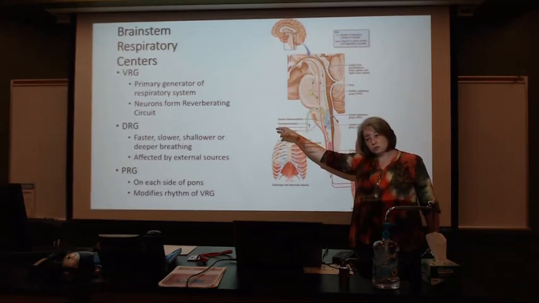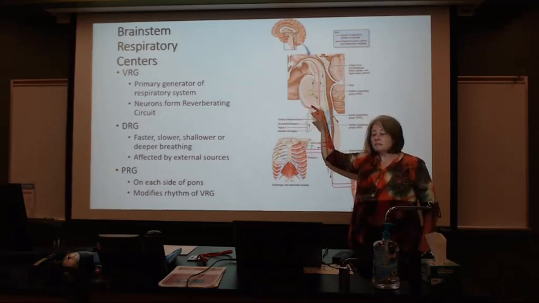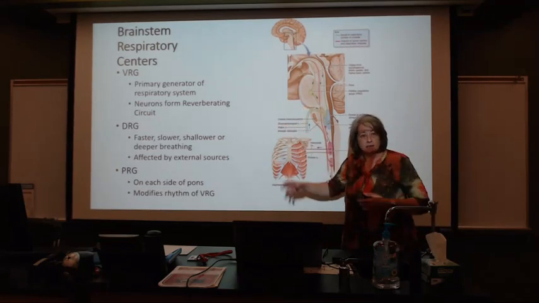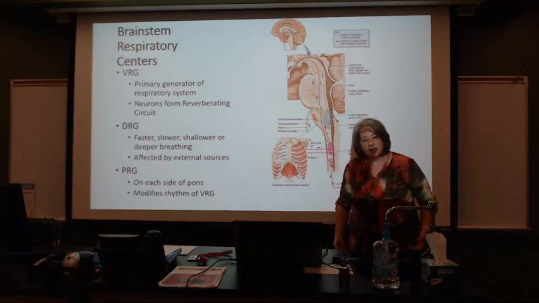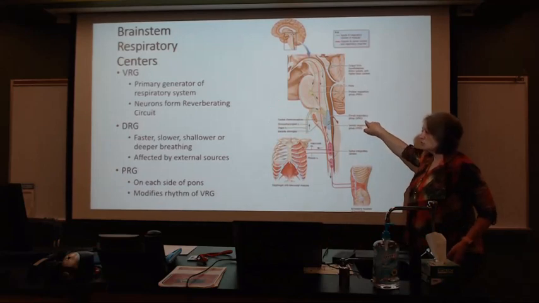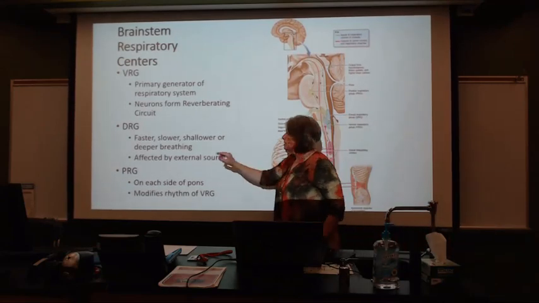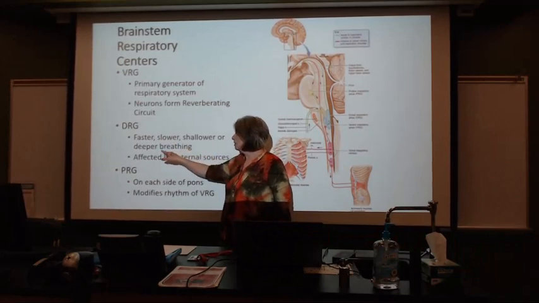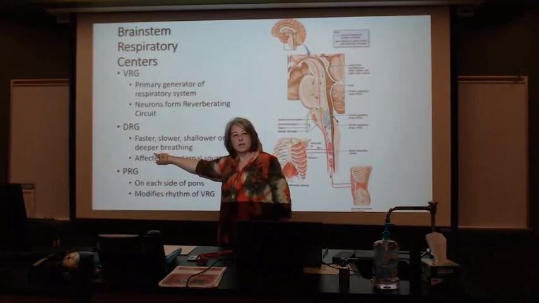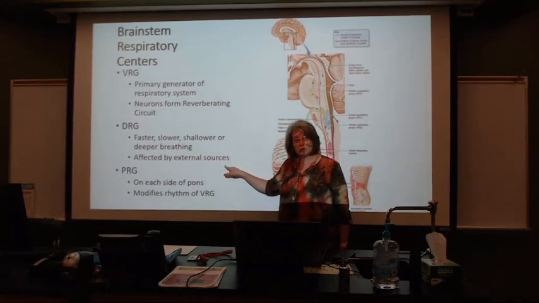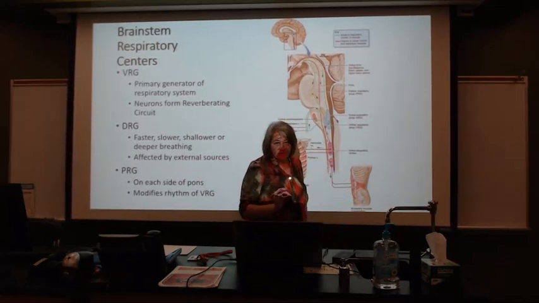The ventral group is the one creating this inhale and exhale. My dorsal group: does my breathing need to be faster, slower, shallow, or deep? A lot of my external sources affect this.